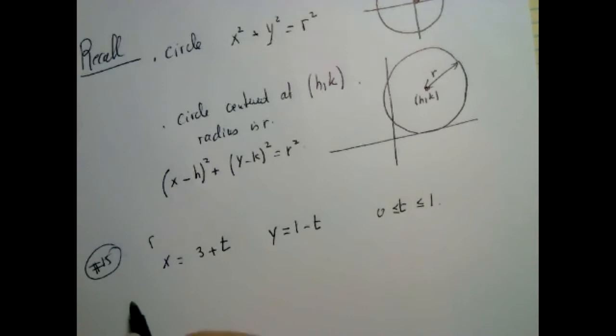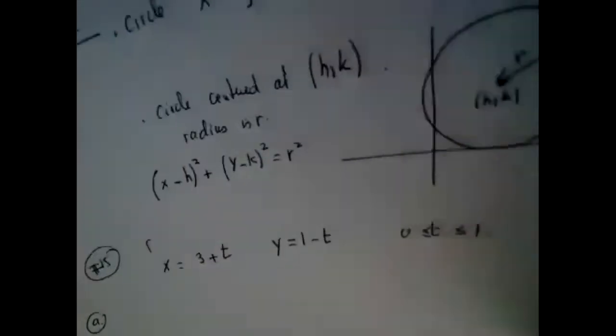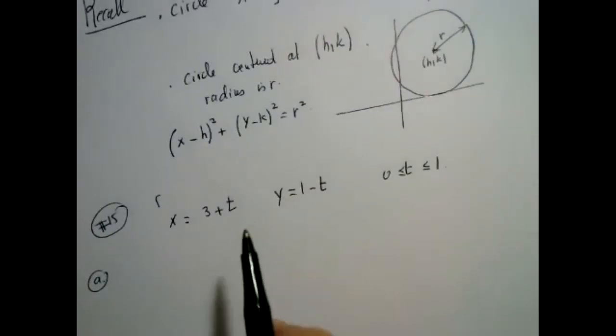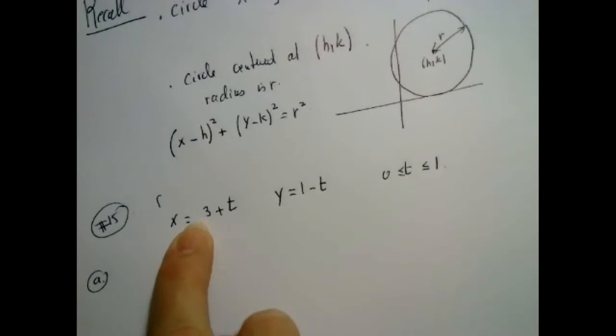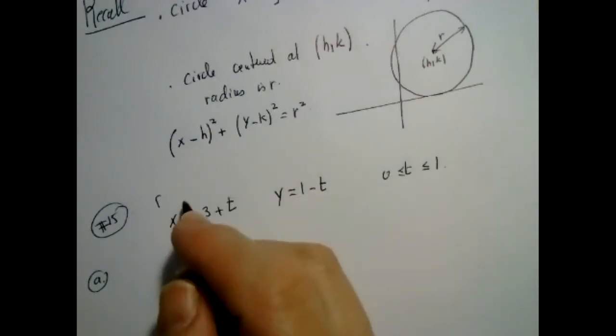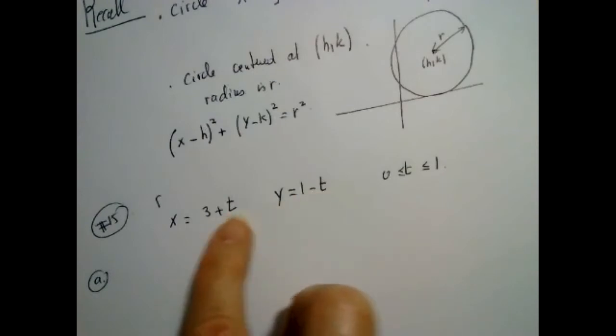Now the first question is, eliminate the parameter and find an equation that relates x and y. The way we do that is we solve for t in one equation, in general, and substitute in the other. This gives an equation relating x and y that holds regardless of what t is. It doesn't matter which one you start with.